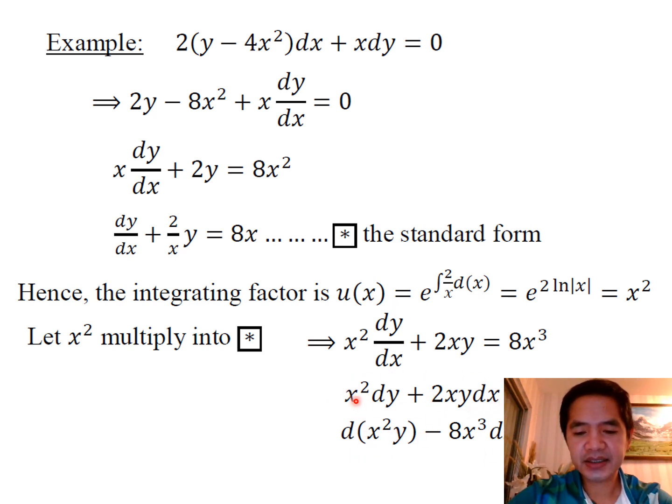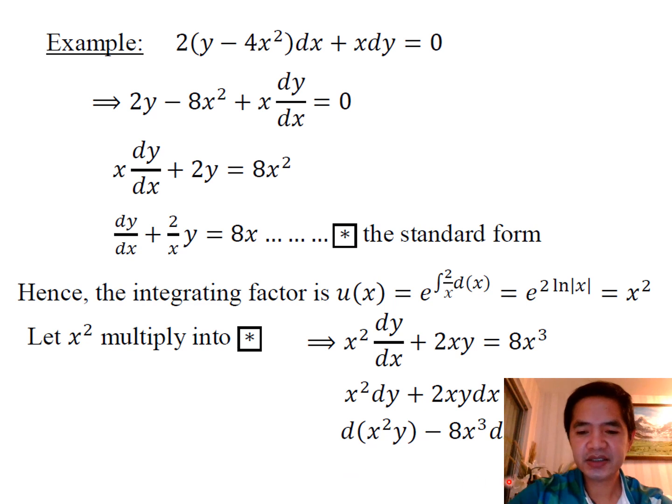Okay, and it's correct. So we get x squared times y minus the integral of 8x to the third dx.